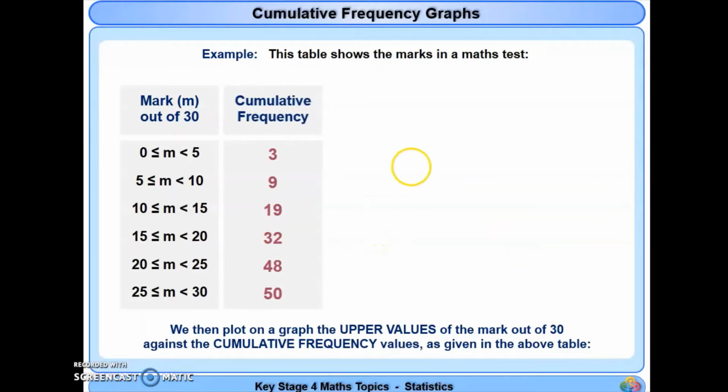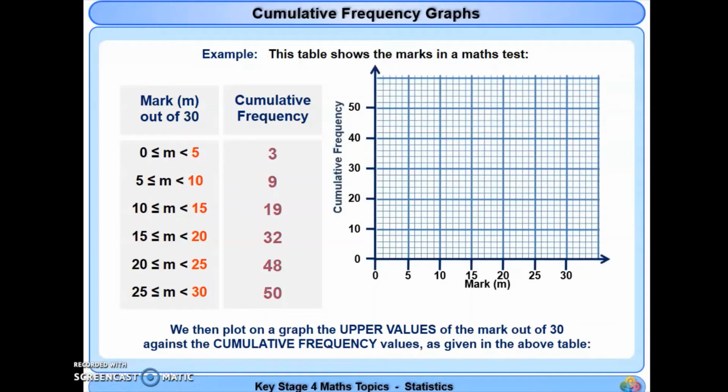So we are going to plot the cumulative frequency data, the accumulated totals. When we plot them as coordinates, it's very important to notice that we use the highest value in the grouped data. So for example, our first coordinate is going to be plotted at 5, 3. Our second coordinate is going to be plotted at 10, 9.